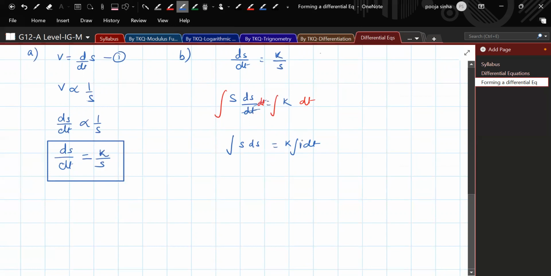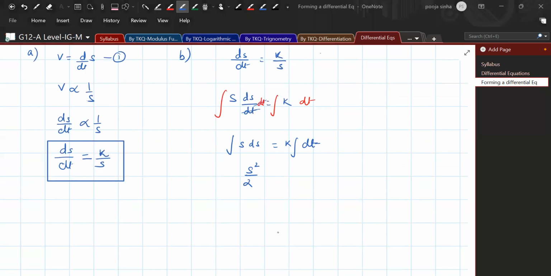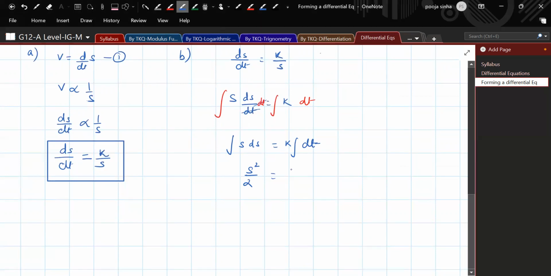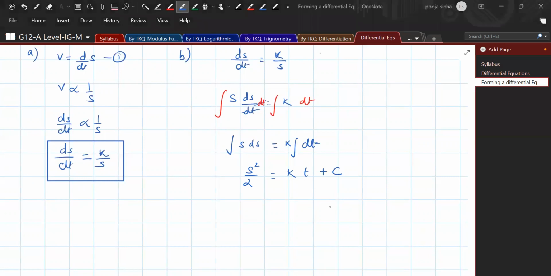So integrating one, we know how to do that, right? Integrate s, what do we get? And if we integrate 1, what do we get? t, right? So if this becomes t, then can I write a c along with this?